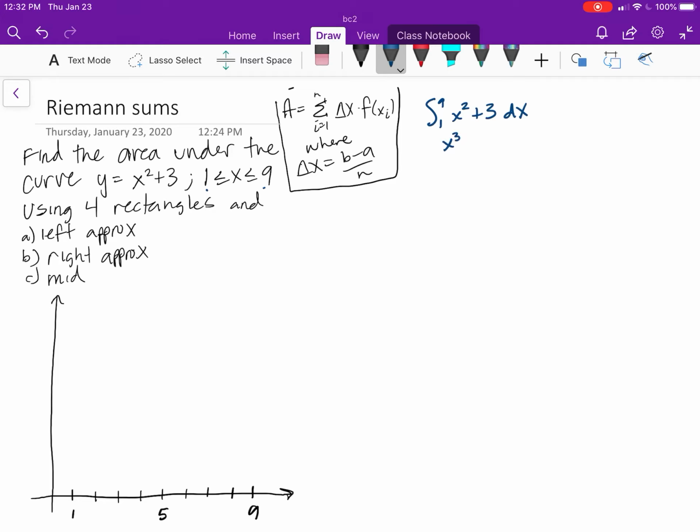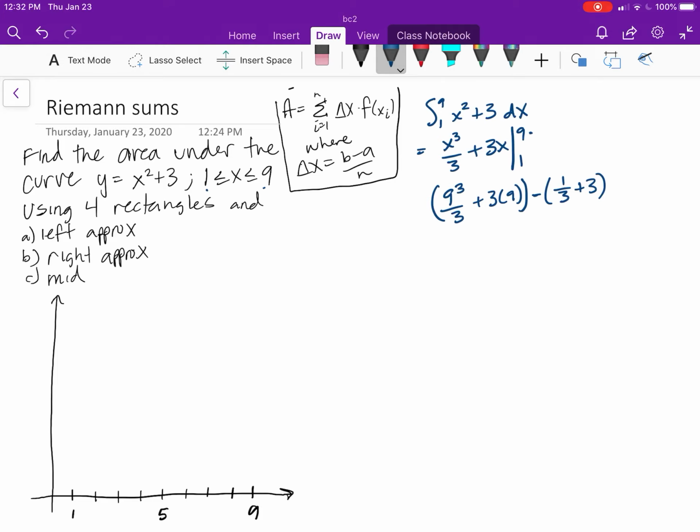Integrate this, we'd have x cubed over 3 plus 3x, ranging from 1 to 9. Substitute 9: 9 to the third over 3 plus 3 times 9. That's f of b minus f of a. Substitute 1: 1 to the third over 3 plus 3 times 1.